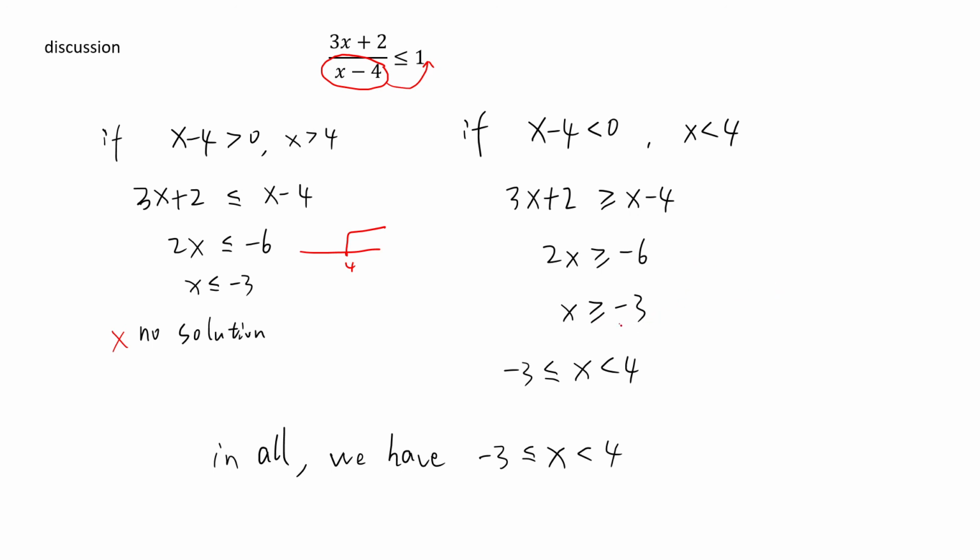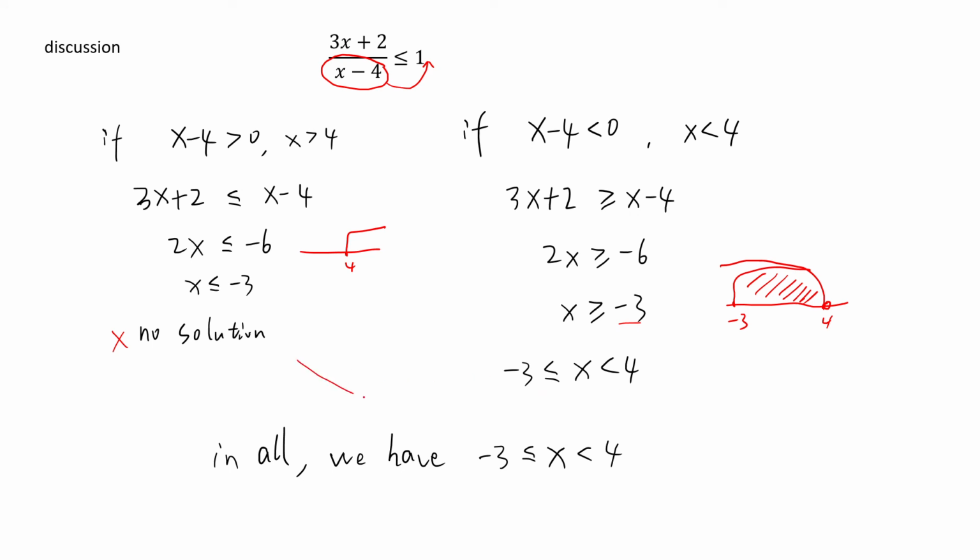Remember, this is under this scenario, where x is smaller than 4. So it's the area where they intersect: x greater than or equal to -3 and x smaller than 4.